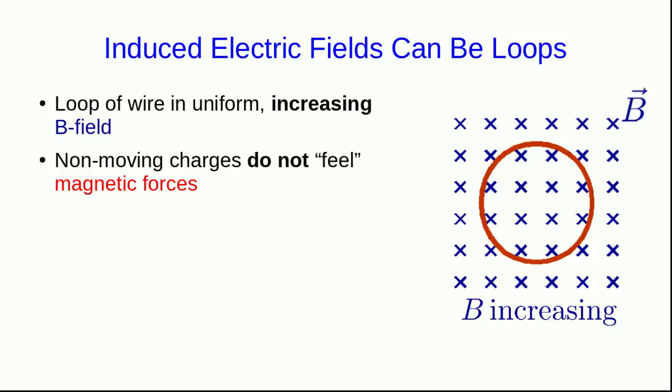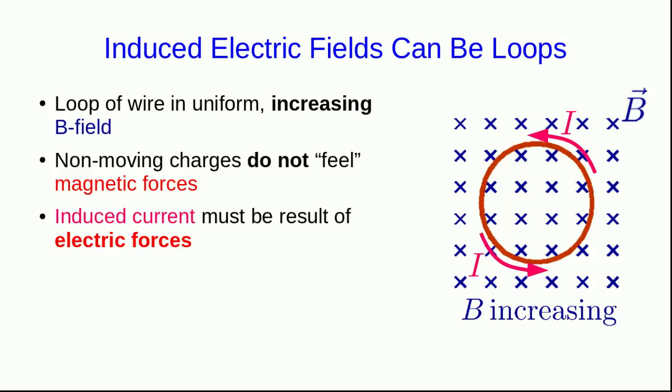So there must be electric forces acting on the charges in the wire, which cause the current to flow. And where there are electric forces, that means there must be an electric field. So we can conclude that this changing magnetic field produces an electric field.